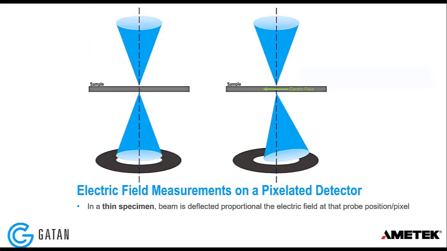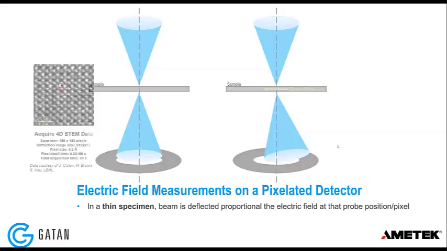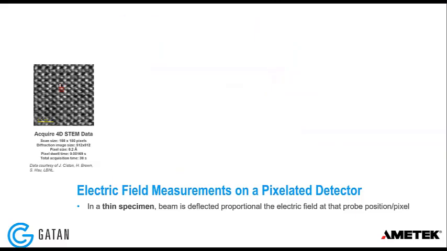And the third type of analysis that we're going to look at is differential phase contrast imaging. So as you can see in this cartoon here, if you have an electric field in the sample and you have a thin enough specimen, as you pass through, the beam is deflected. If you measure this beam deflection, you can calculate the electric field in the sample.